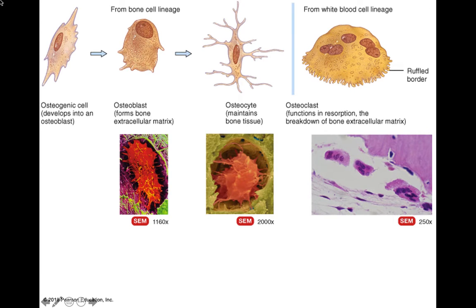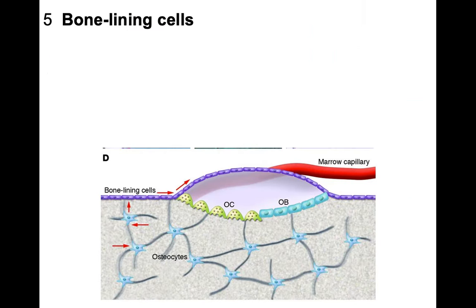So this is the makeup: osteogenic cells, osteoblasts. These osteoblasts end up getting buried and then they become osteocytes. Then you have osteoclasts. These guys are the ones breaking bone back down. When I need to release any type of minerals, I need to call upon these osteoclasts to break it down and release it into your bloodstream, right? So you can think of these as harvesters as well.